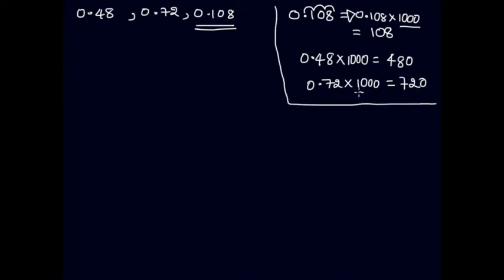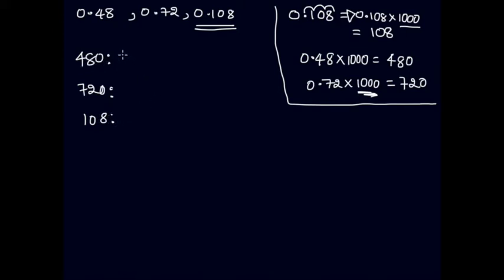Remember that we have multiplied by 1000 because we'll have to use that result towards the end. So let's list out all the whole numbers: 480, 720, and 108.